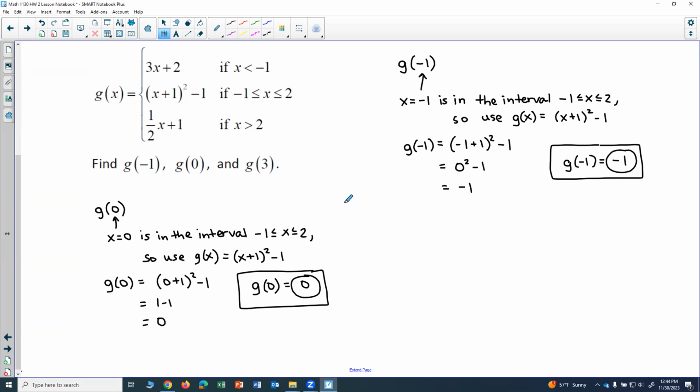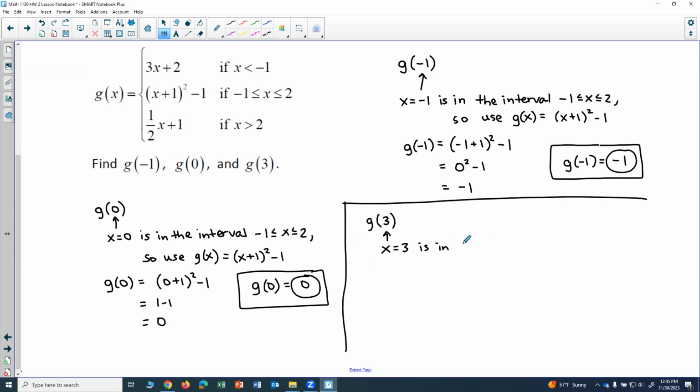All right, now let's look at the last one, g of 3. So we will have g of 3, and we look at the x value of 3. x equals 3 is in the interval, and then you look at your three options. It's in the interval x is greater than 2, because 3 is greater than 2.